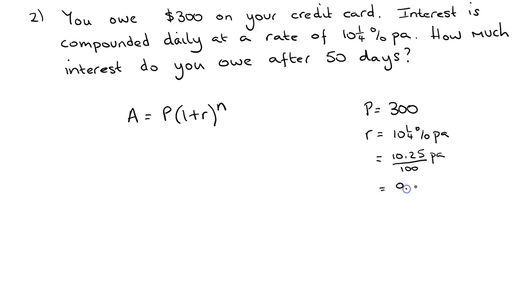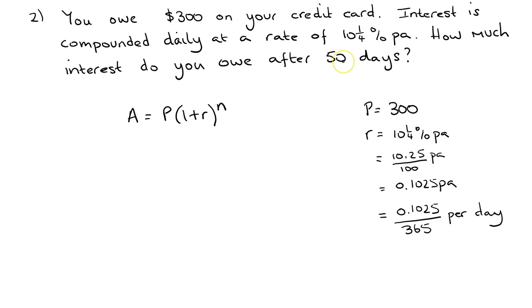That is 0.1025 per annum. And per day, we need to divide by the number of days in 1 year, which is 365. So if it's that much for 1 year, then it's this much per day.